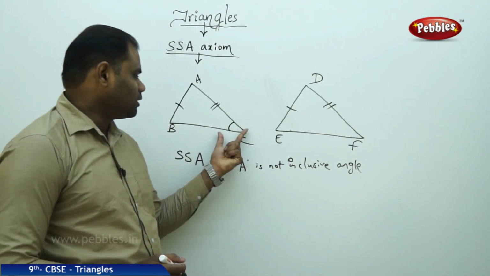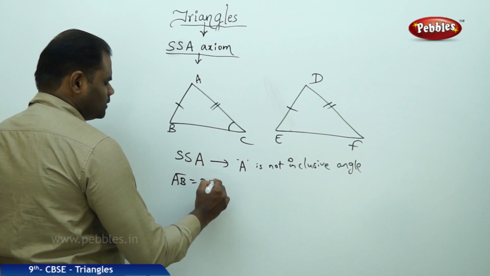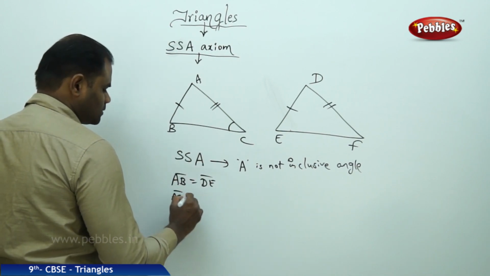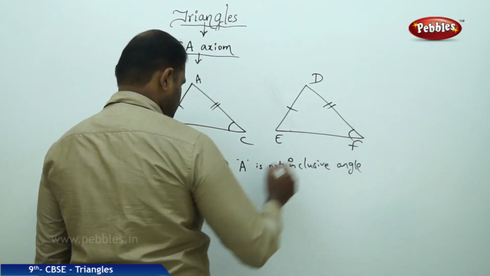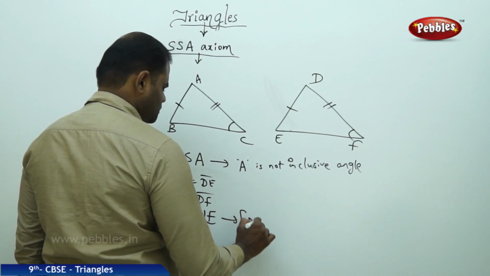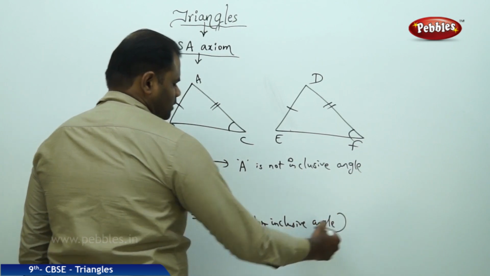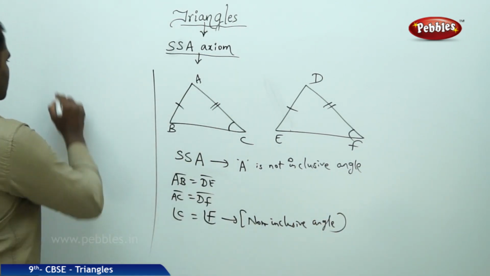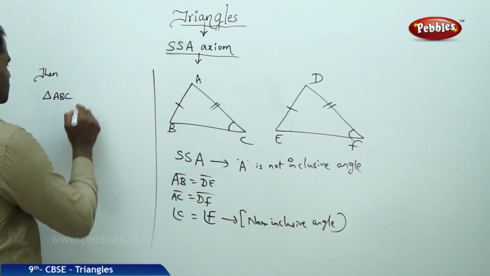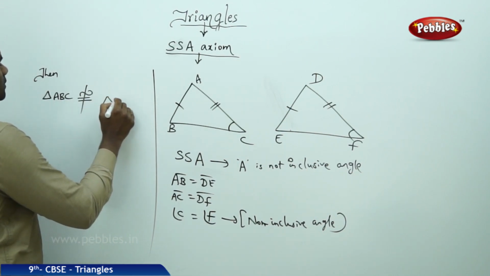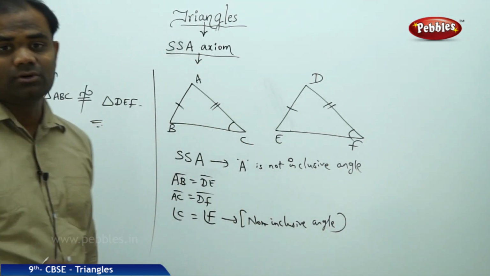When we have a non-included angle, with AB equals DE and AC equals DF and angle C equals angle F, which is a non-inclusive angle, then triangle ABC is not congruent to triangle DEF because SSA axiom doesn't hold.